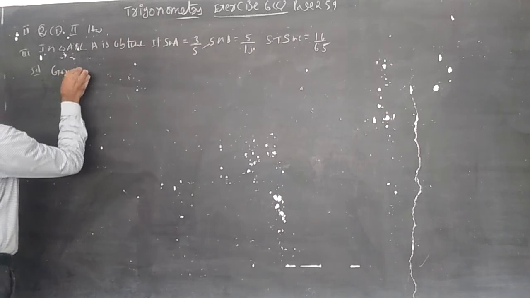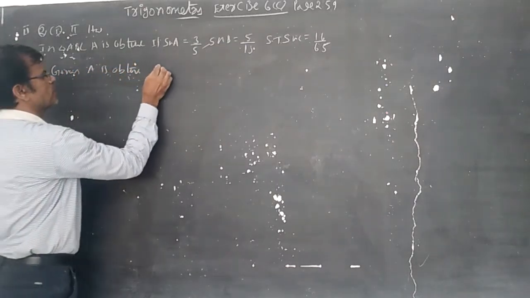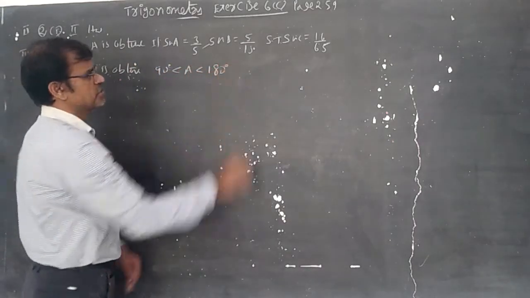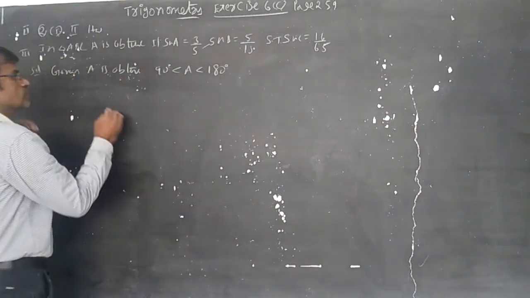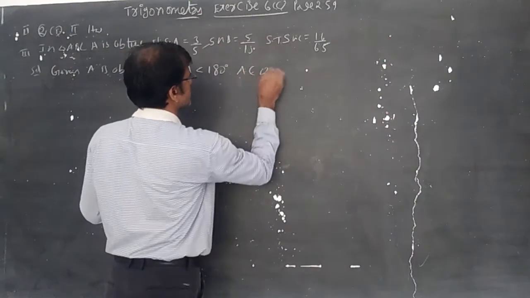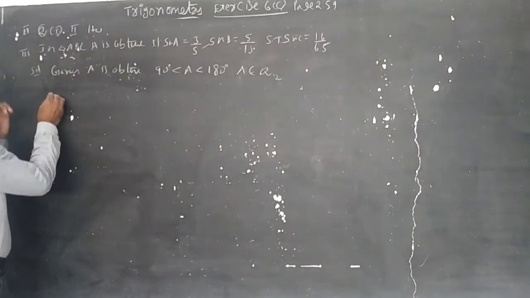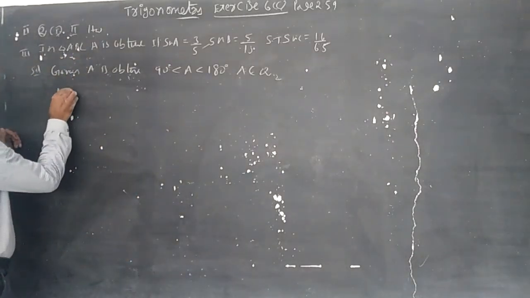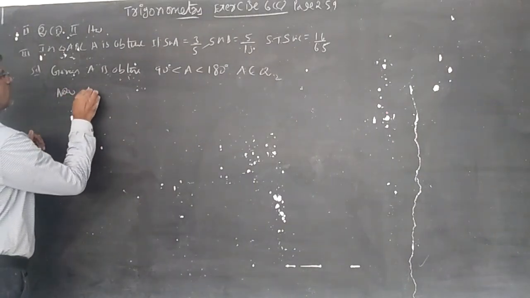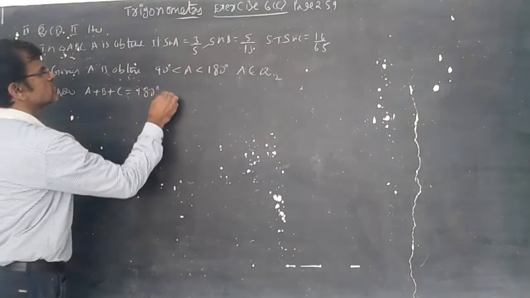Given A is obtuse. Obtuse means 90 less than A less than 180. So that means A belongs to Q2. Now use the formula in a triangle: A plus B plus C is equal to 180 degrees.